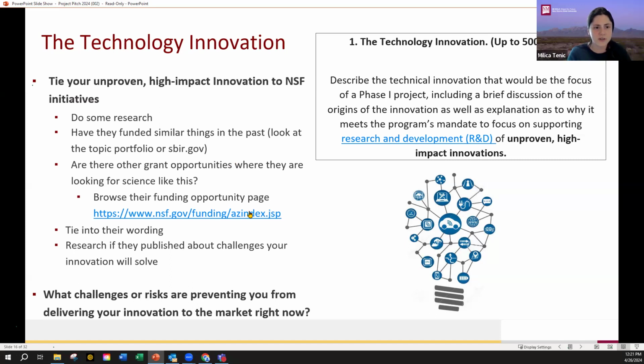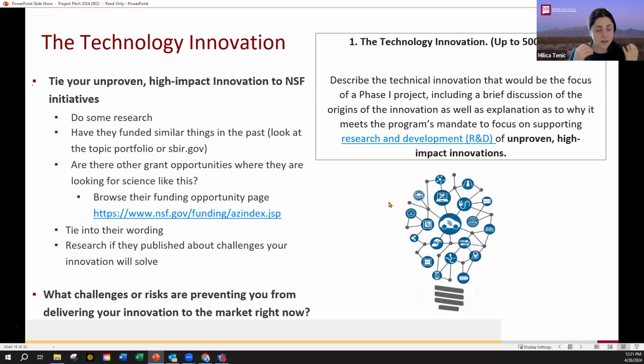Then also see, are there other grant opportunities where they are looking for solutions like the ones that you're delivering? SBIR is just one branch of funding that NSF releases. See what other directions they're going in as well. Tie their wording into what you are describing. Really show that what you are developing aligns with the direction that they're looking to go in as well.